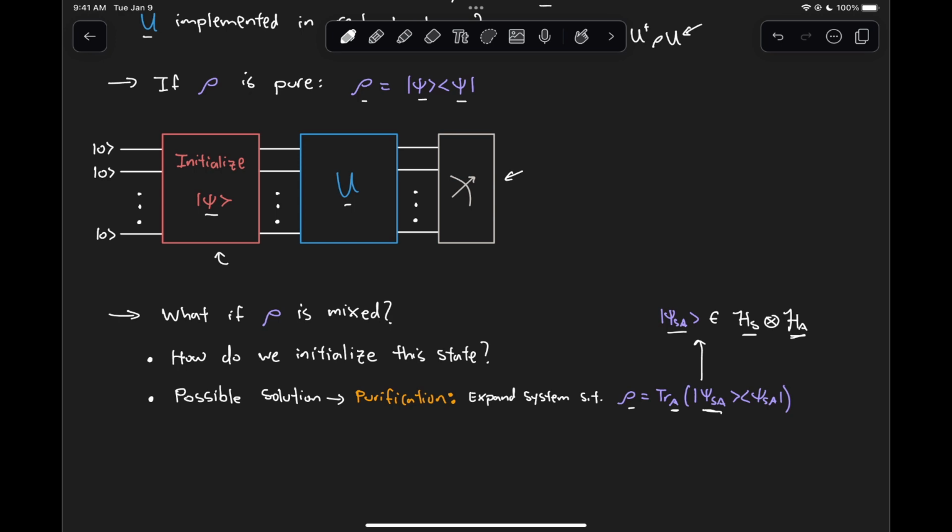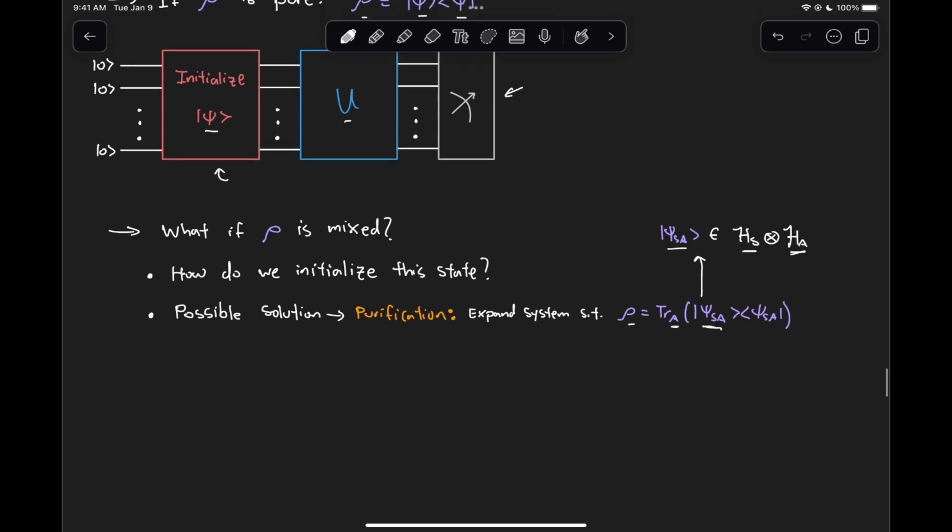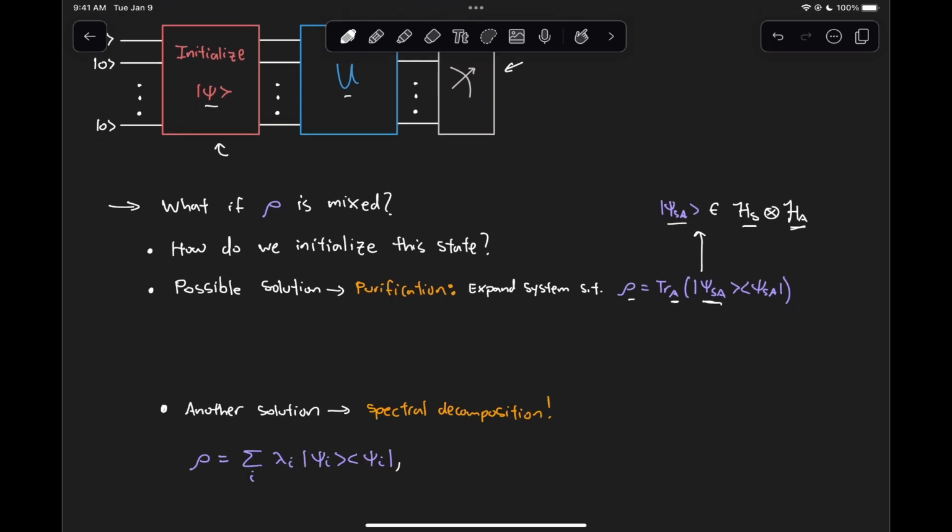So another idea that I had was, what if instead of using purification, we looked into the spectral decomposition of the matrix ρ?